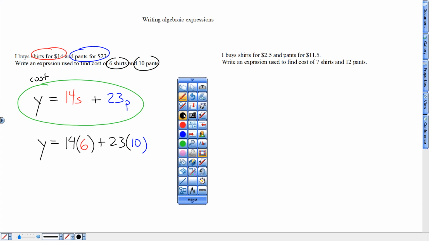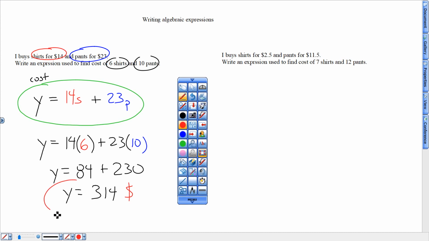My cost is going to be 84 for the shirts plus 230 for the pants. If I add that up, that gives me a total cost of about $314. I'm spending that much.